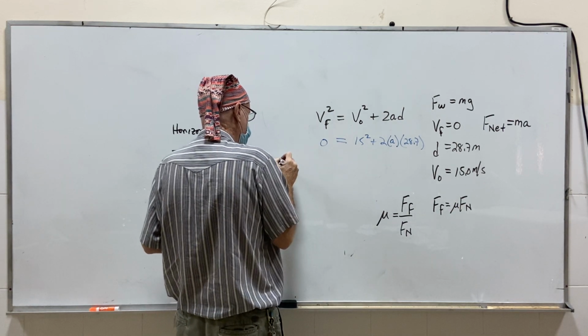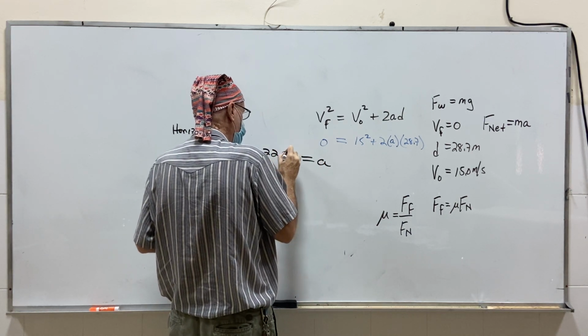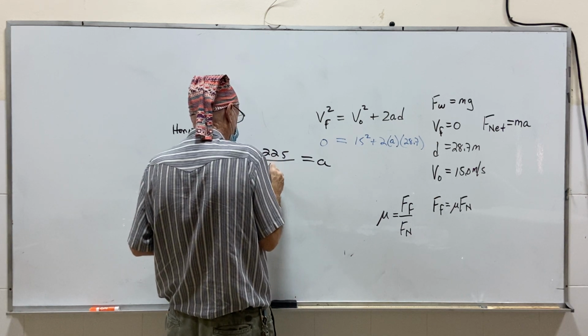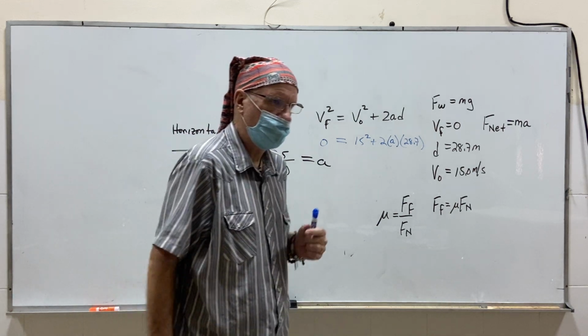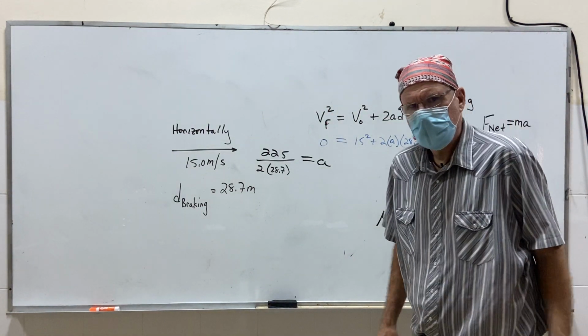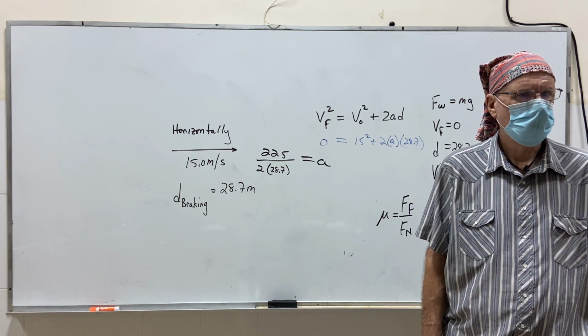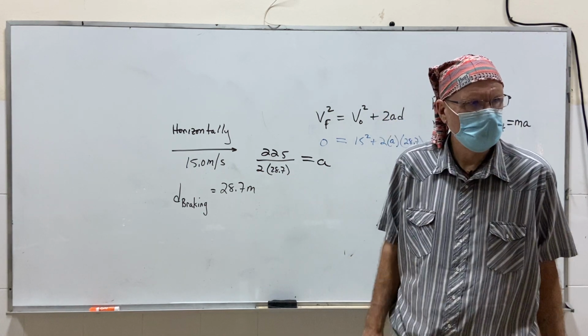So A equals 225 divided by 2 times 28.7. What do you got? What's A? This is what, 57.4?